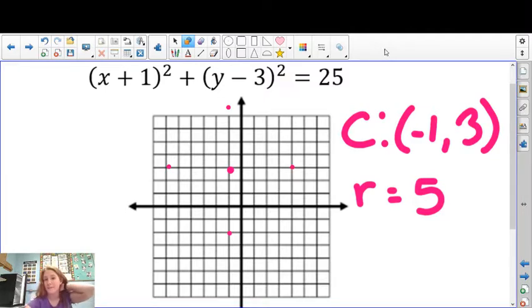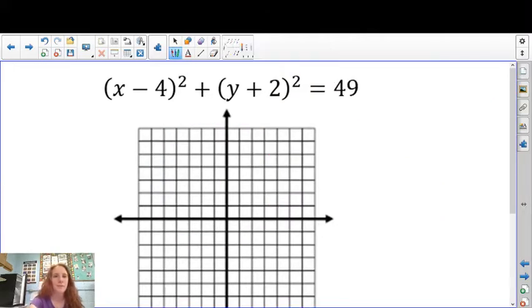You're going to line your compass up, the metal part at the center or your origin, and you're going to stretch it until you hit the first of your dots you've measured, and then you'll move it in a circular form. And you should roughly hit all of your points. And there's your circle. Yes, you're using a compass. Get over it.